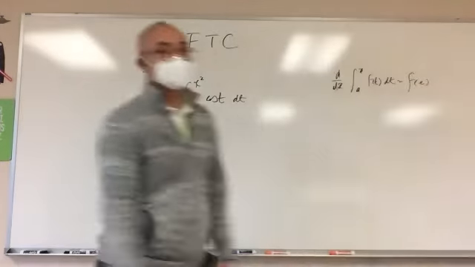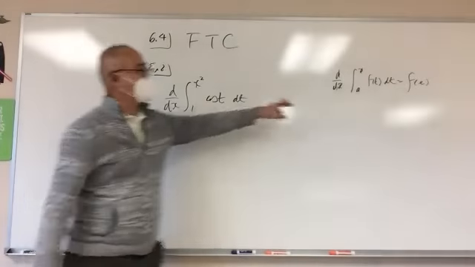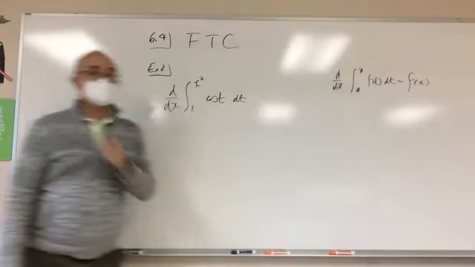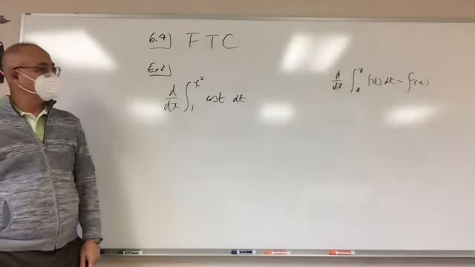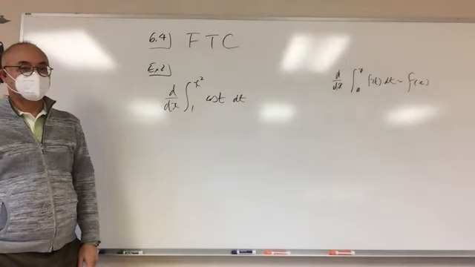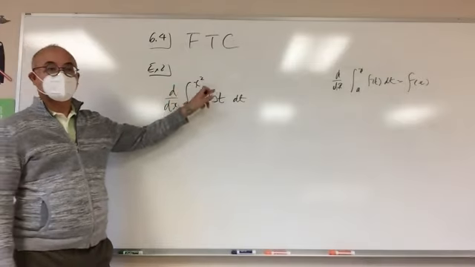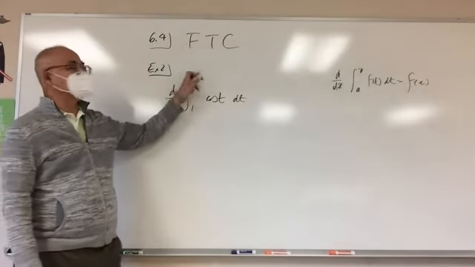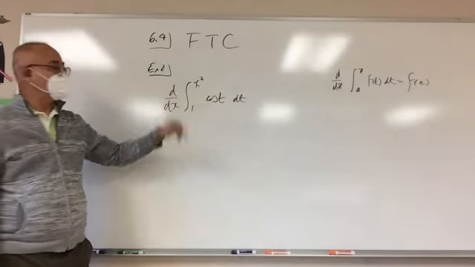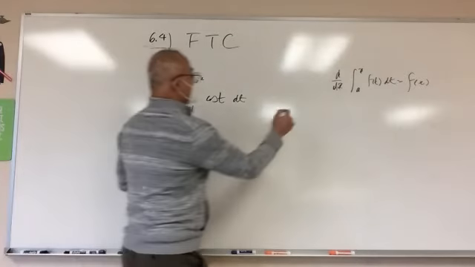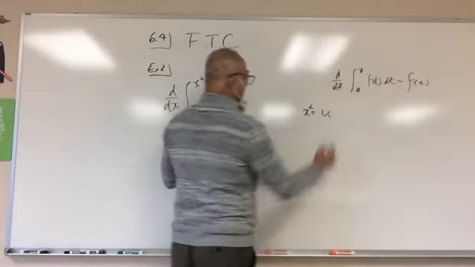What is different from what we have over there? What is going to cause us some problems here? Squared, right? This guy right here is different. It's not x. If this guy was x, I would be fine, but it's not. So let's go ahead and make a substitution and say x squared is equal to u.